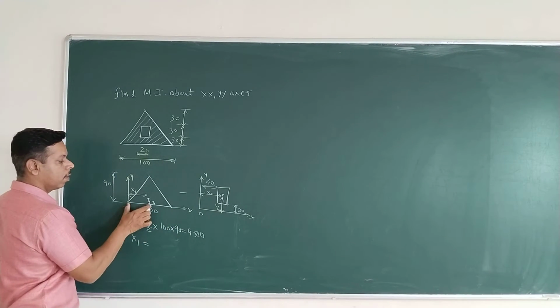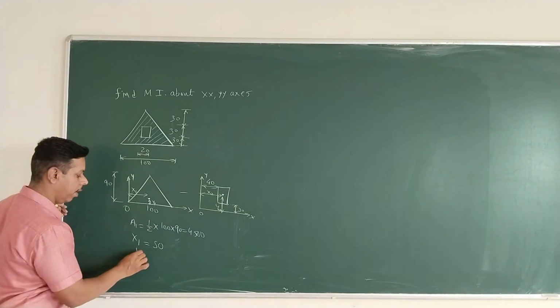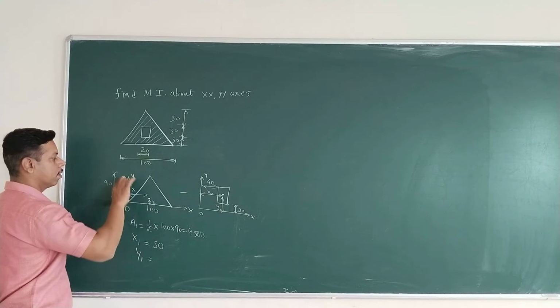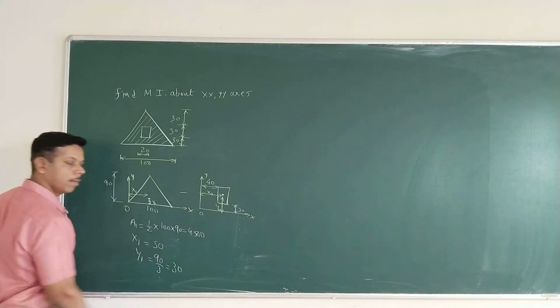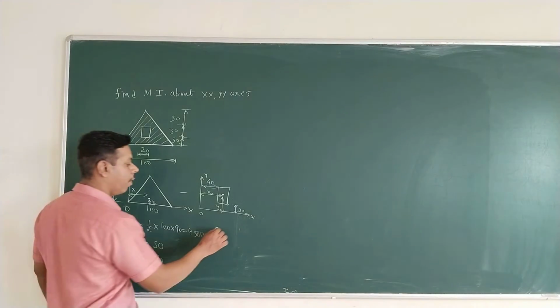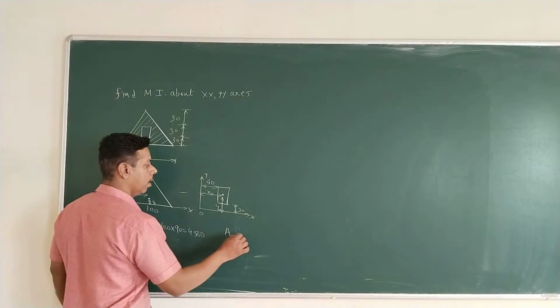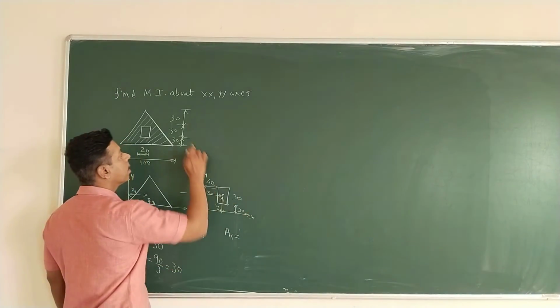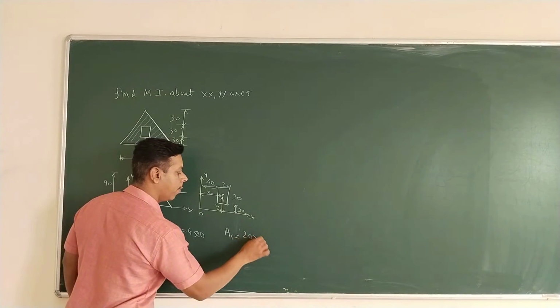If this is 100, so x1 will be its midpoint 50 and y1 will be, this is the small distance, so formula is h by 3, 90 by 3 is 30. Now for this rectangle, its area is height is 30 and horizontal distance is 20, so area will be 20 into 30.